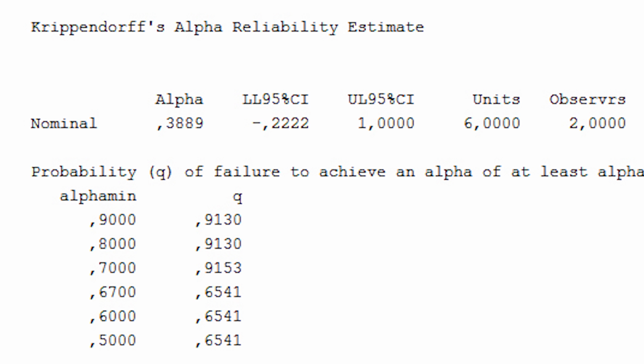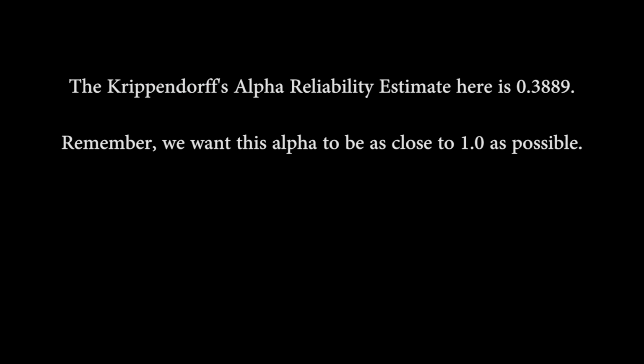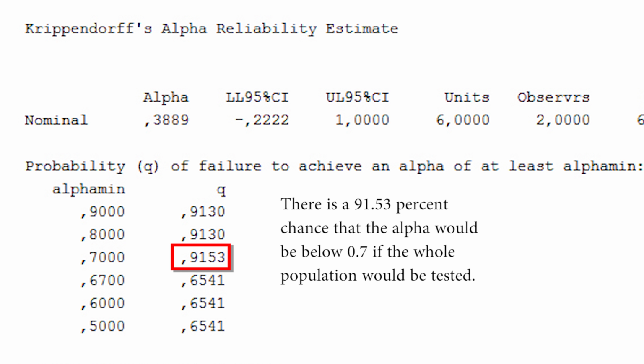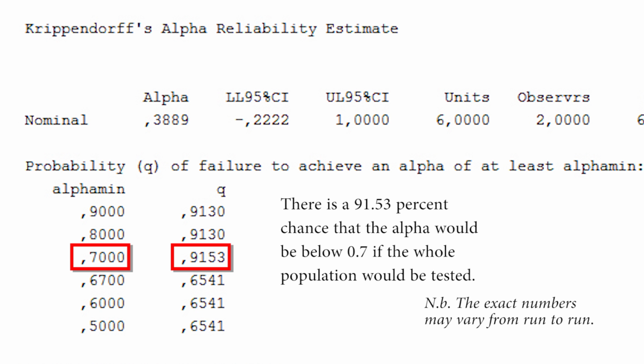And in this example, the Krippendorff alpha reliability estimate is 0.3889. As you remember, we want this alpha to be as close to 1.0 as possible, but here it's not that high. In fact, it's really bad. The table tells us that there's a 91.53% chance that the alpha would be below 0.7 if the whole population would be tested.